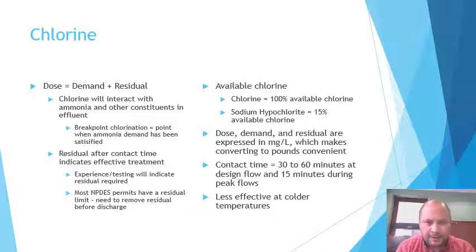After you've gone through all of that treatment process, most plants have to remove the residual chlorine before they can discharge. We had a chlorine residual limit here. I believe it was around 0.1 milligrams per liter.